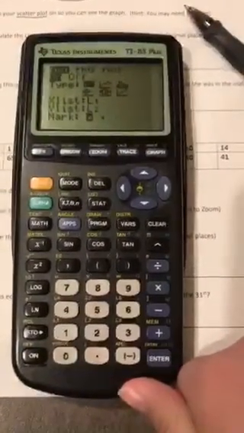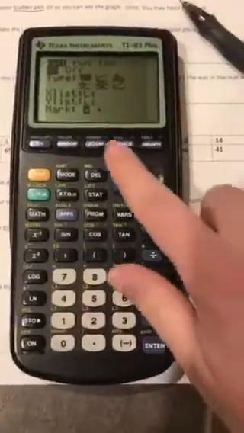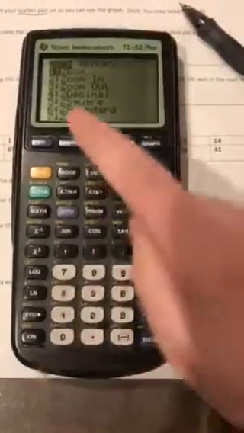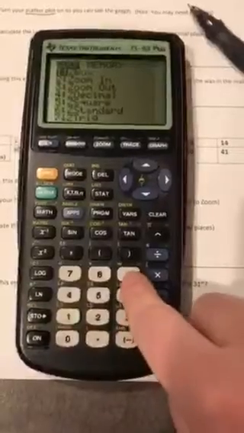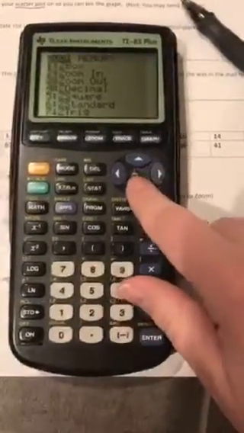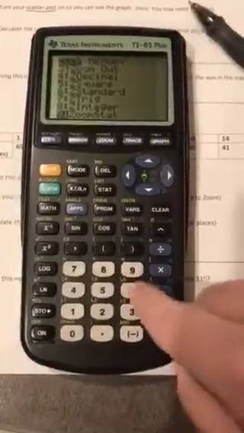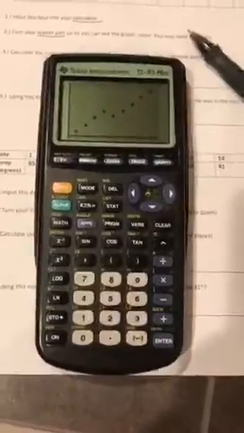So if you are highlighting on and you're good, then you can press Zoom. And you can either go down, you can press your down button to go to choice 9, or you can just press 9. So if you go down, you'll press Enter, or you could just press 9. And then that's going to give you your scatter plot.